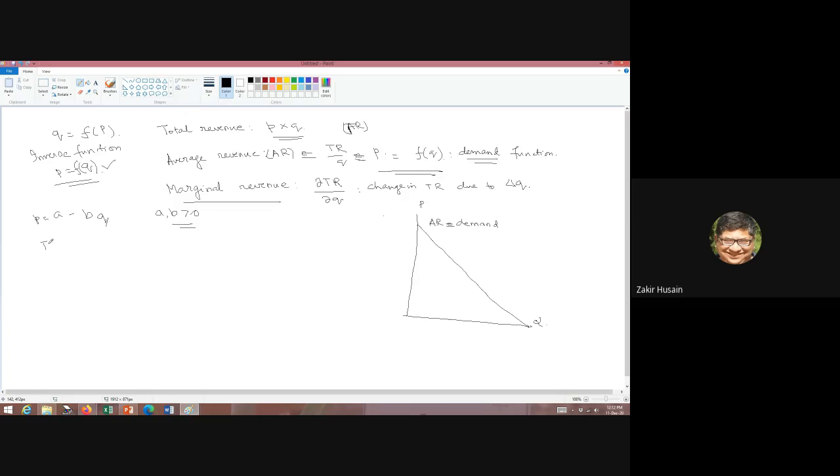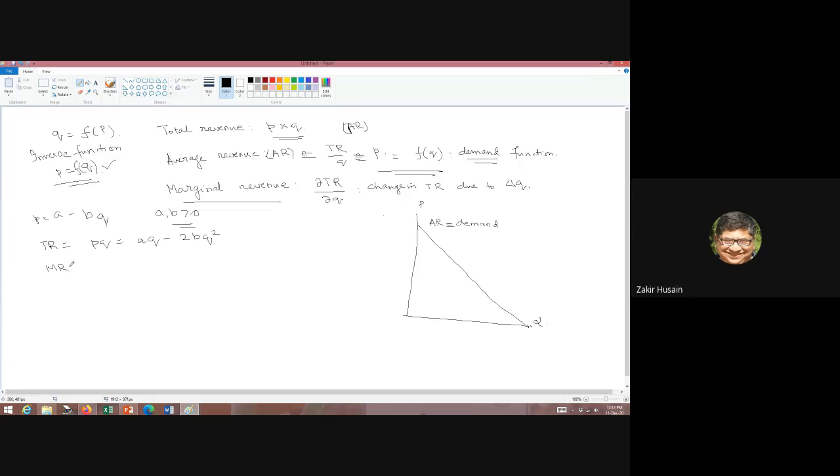What is total revenue from here? P into Q. It is pq. So it is aq minus 2bq square.